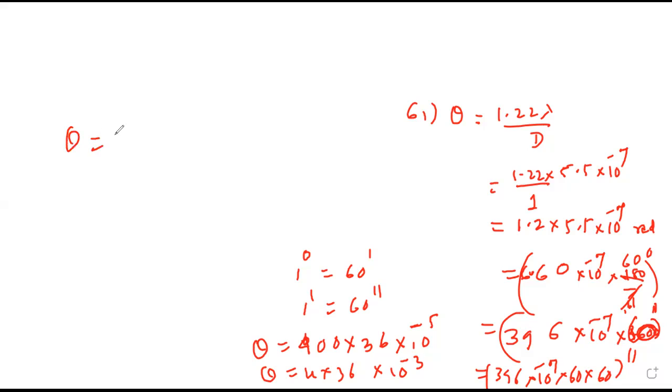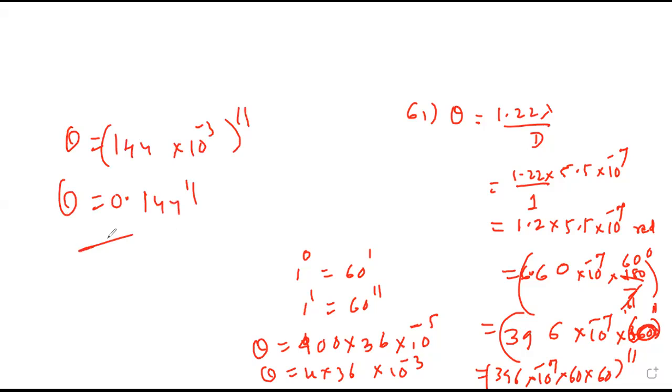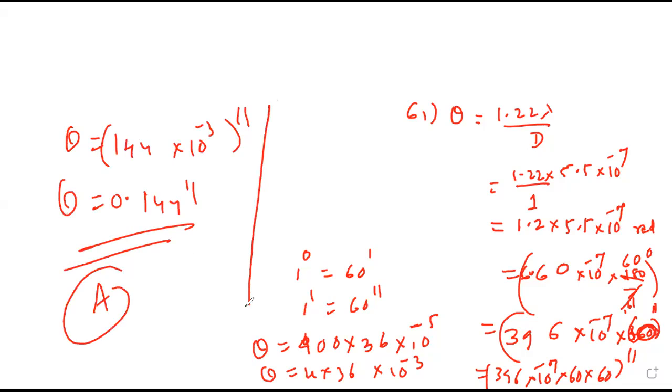This is theta equal to 144 into 10 raised to minus 3 seconds, so 0.144 seconds. It is not difficult in multiplication, but difficult in the conversion factor. If somebody does not know it, they will give a wrong result. So first I converted radian to degree, then to minute, then to second.